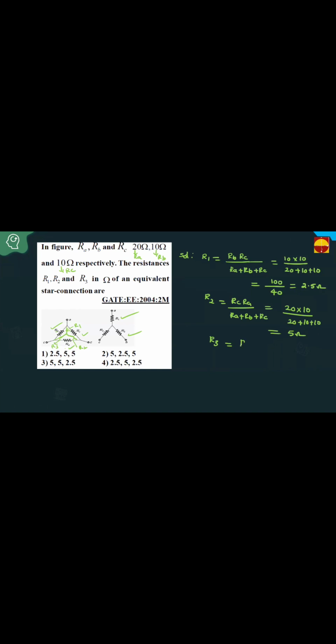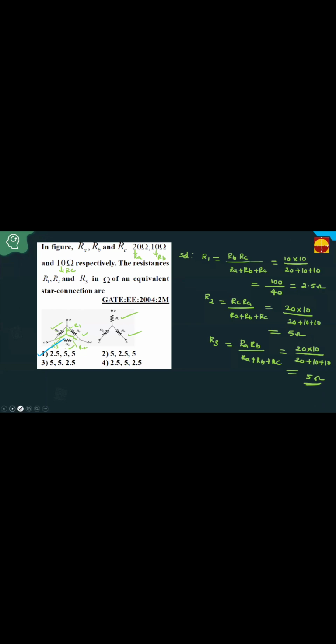RA into RB by RA plus RB plus RC, 20 into 10 by 20 plus 10 plus 10. This also is 5 ohms. So R1, R2, R3 are respectively 2.5 ohms, 5 ohms, 5 ohms. Which option is correct? Option 1 is the right answer, that is 2.5 ohms, 5 ohms, 5 ohms respectively.